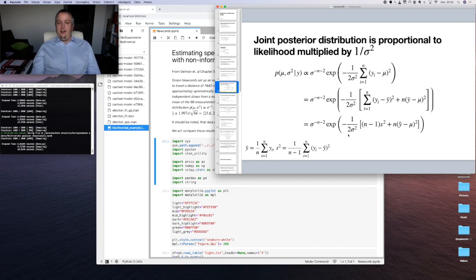So we can get the standard estimate of variance, s squared, which in this case will be the average, but with n minus 1 division, of measurement minus the expected mean value.